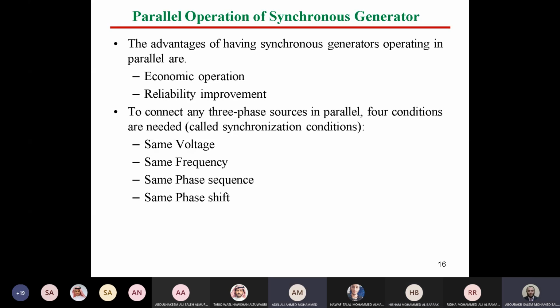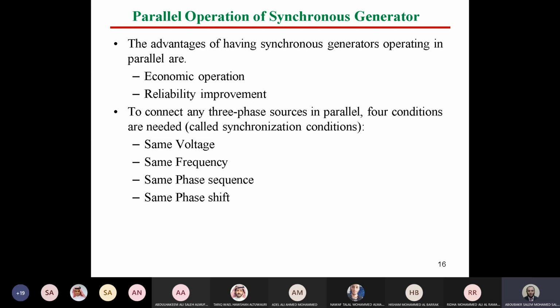Yes. The same is true for the parallel operation, or for connecting generators to the grid. For the whole electrical grid, all power plants connect their synchronous generators to the grid.